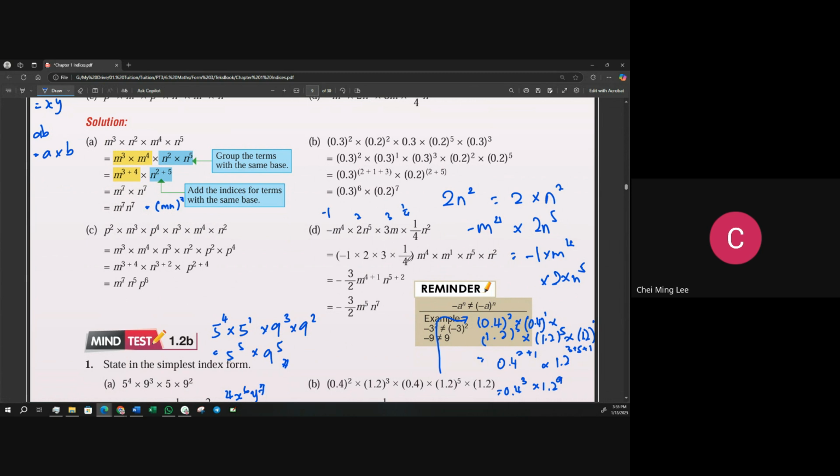So we just arrange the numbers: negative 1 times 2 times 3 times 1 over 4. Then m to the power of 4 times m to the power of 1, m to the power of 1 is this one, then times n to the power of 5, n to the power of 2. So this one we multiply inside, all these we add together. So you get negative 3 over 2, m to the power of 4 plus 1, which is 5, n to the power of 7.